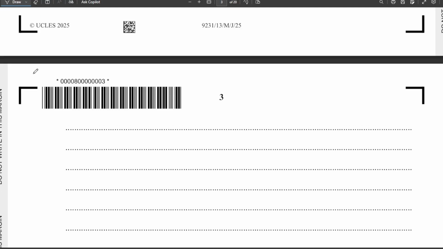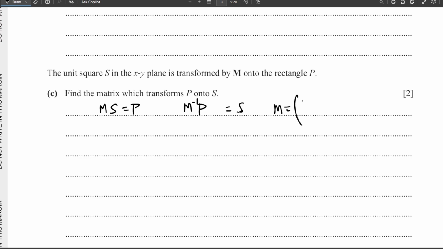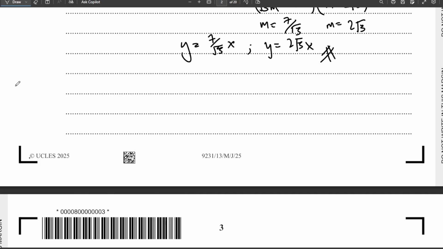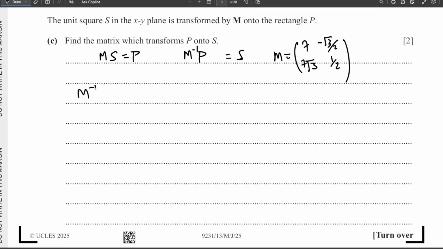Okay, so let me rewrite M first. So M is 7 square root 3 over 2, 7 square root 3 and half, right, if I'm not mistaken. Okay, if you can remember, I think this one is also something you have to memorize because it's not given in the formula sheet. Inverse of a matrix is 1 over the determinant of the matrix multiplied by the transpose of the cofactor of that matrix, something like that.